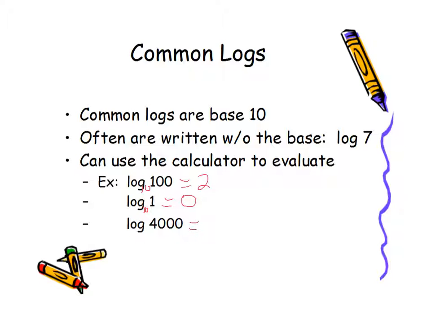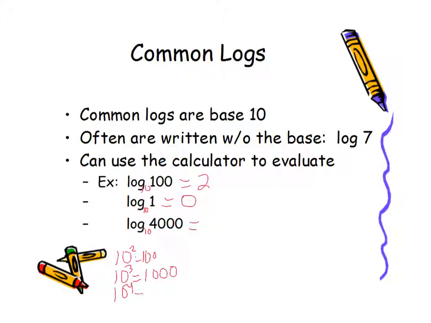But let's get something that's maybe not going to work perfectly. Now, I'm writing little 10s here to remind you, you don't want to get in the habit of doing that. You just need to recognize that it's a base 10. 10 to some power is 4,000. I don't think this is going to come out nice. I know that 10 squared is 100. And 10 to the 3rd is 1,000.